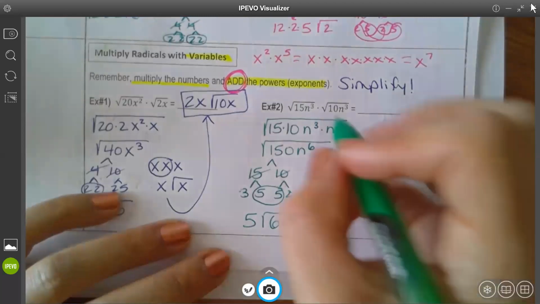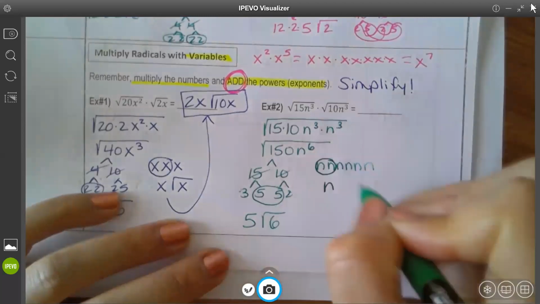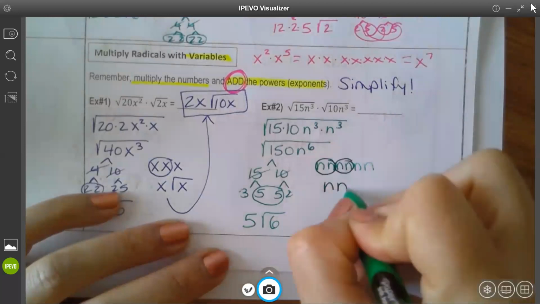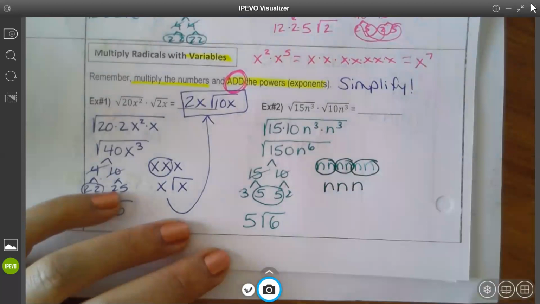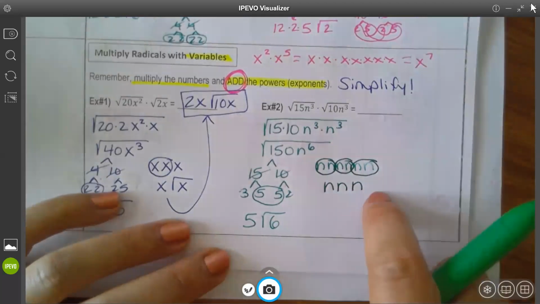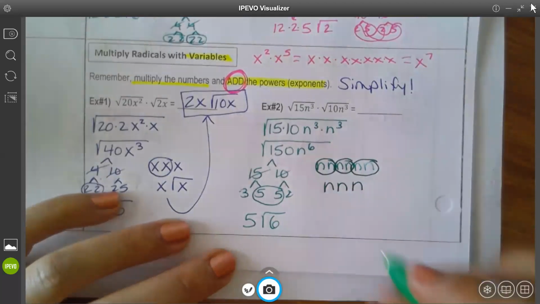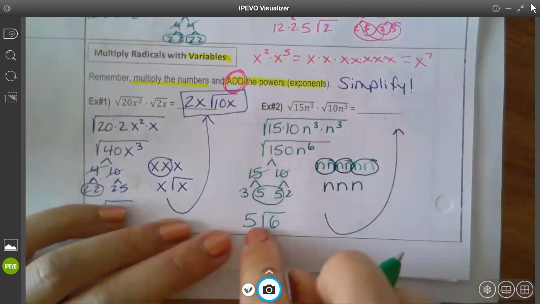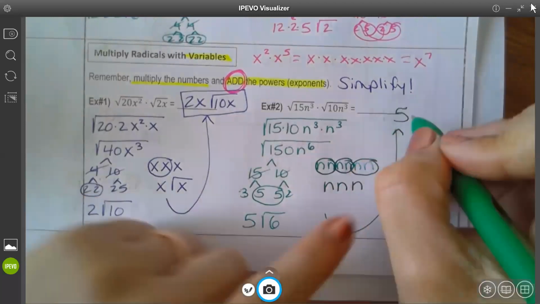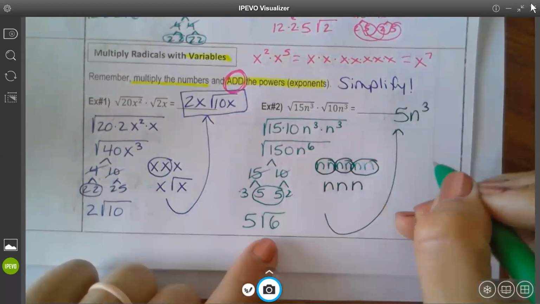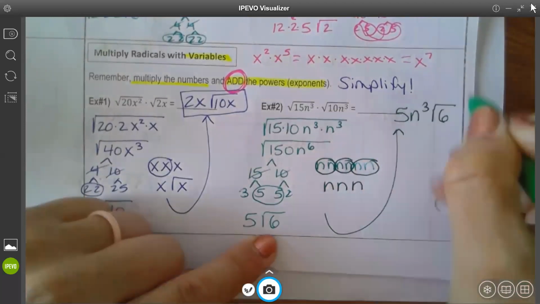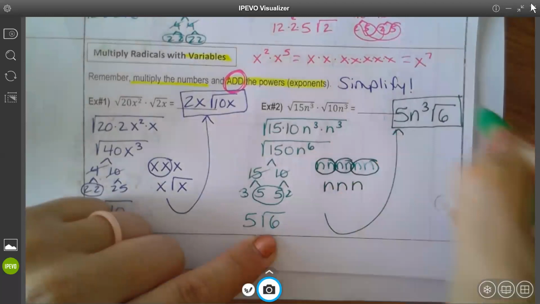So here's a pair of n's, and here's a pair of n's, and here's a pair of n's with no n's left behind. That means that there's nobody left in this square root. So when I put that together, my final answer is going to be 5 times n to the 3rd power, and the only thing left in the square root is a 6.